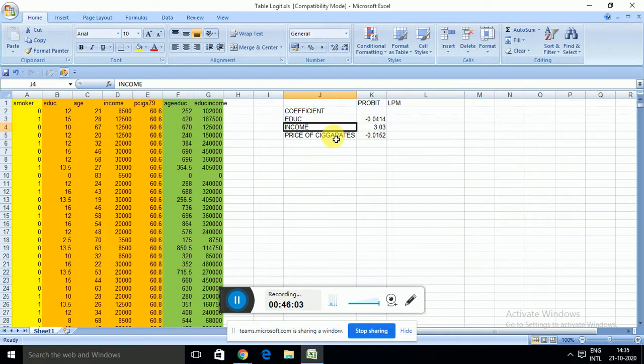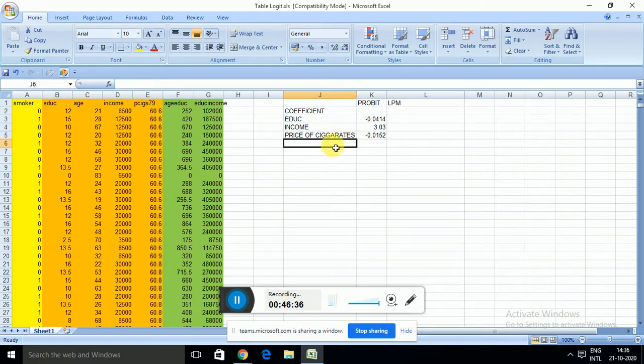So the moment I use the words for a given level of income, education and price of cigarette, it is telling you that, unlike in the linear probability model, which says it's a linear relation, here the relationships depend on the level of age, education and income, and therefore this is going to vary depending upon my education, my income, and my level of.